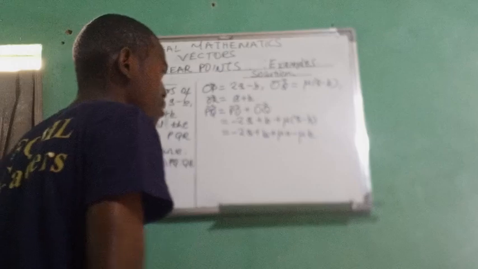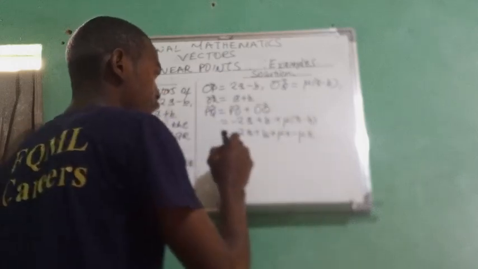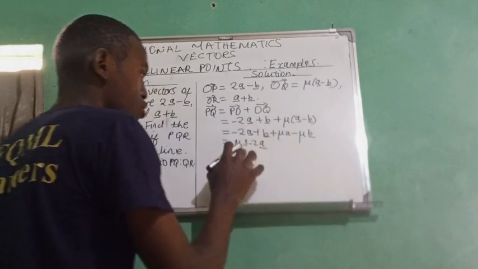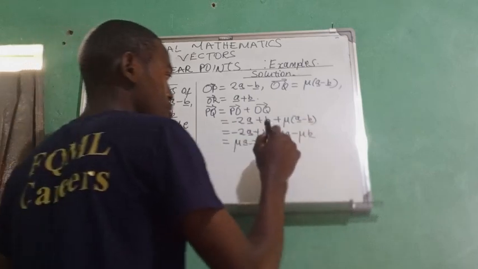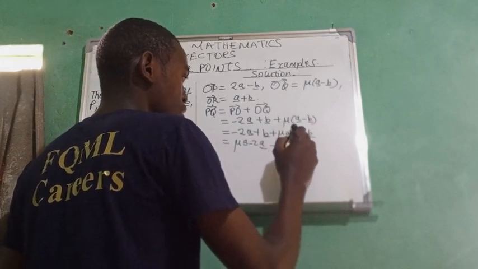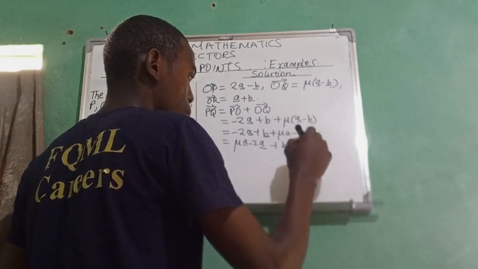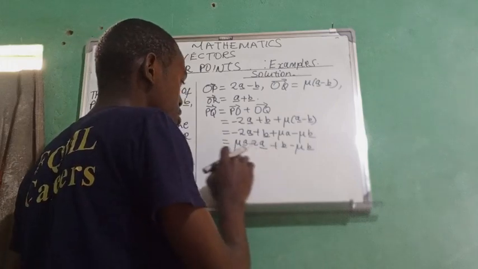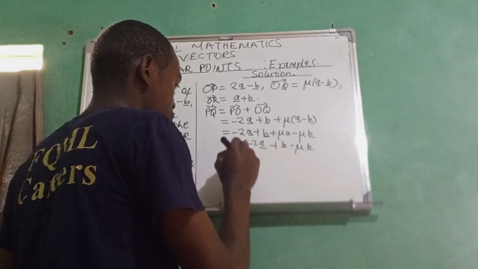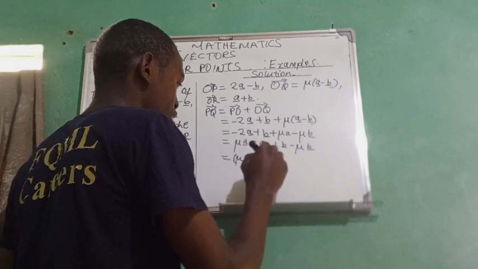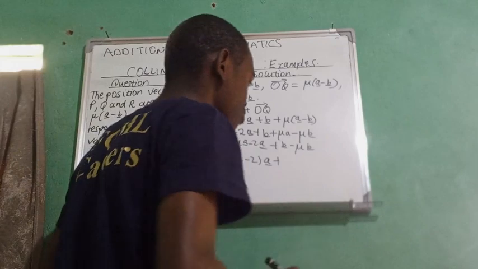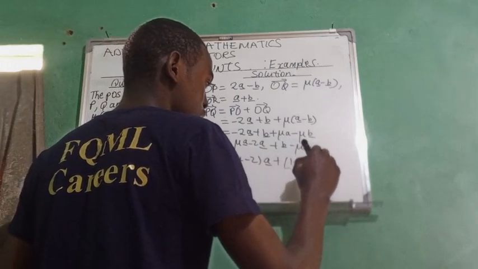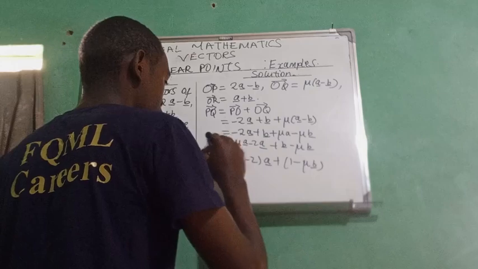Sorry for that. You group like terms: you expand the bracket, then group like terms. It is equal to mu of vector A minus 2 of vector A, plus vector B minus mu of vector B. And then here we factor out the vector A. It will be equal to mu minus 2 of vector A, plus, if we factor out the vector B, 1 minus mu of vector B. So this is the value of PQ.